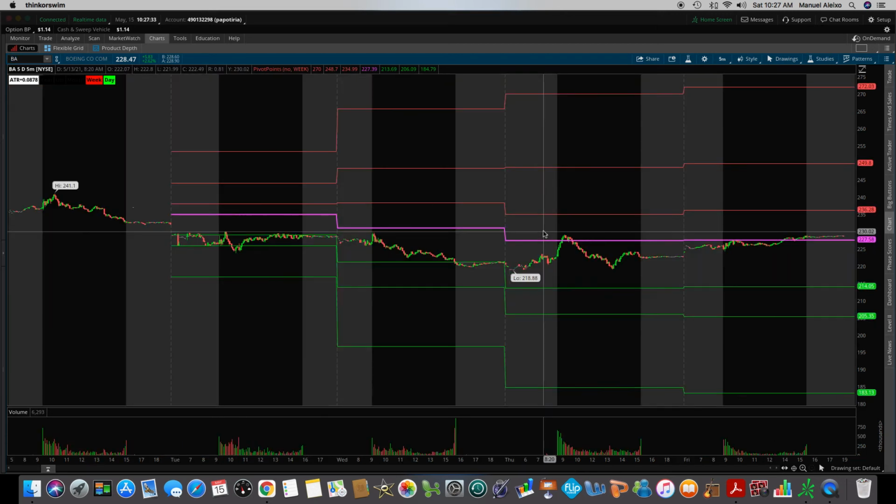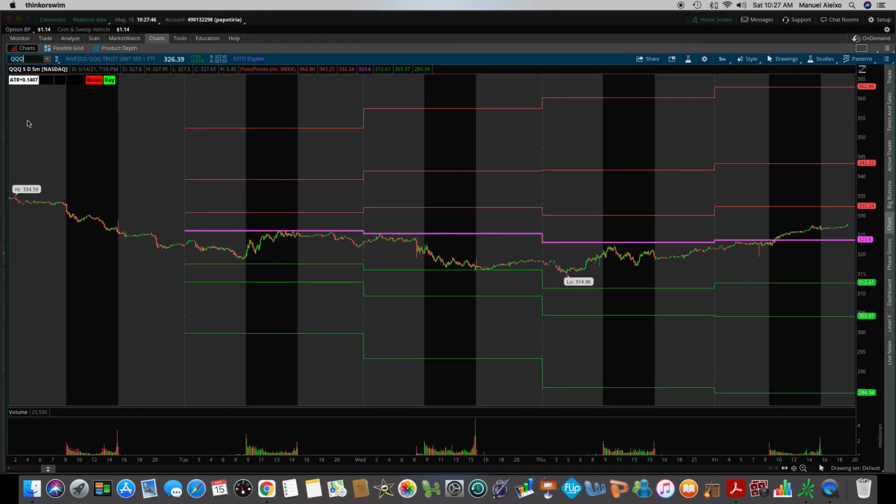So this worked well. Let's take a look at maybe another stock here. QQQ. Let's look at the Nasdaq QQQ ETF. Worked very well, as you can see. Here's a pivot line. This is the first support. It opened below the main central pivot line, and then it walked up there. And what did it do?